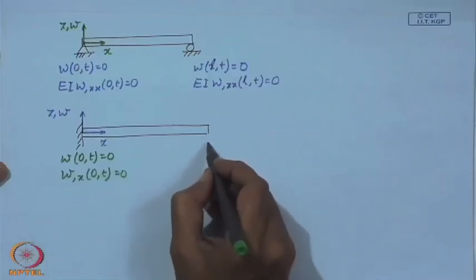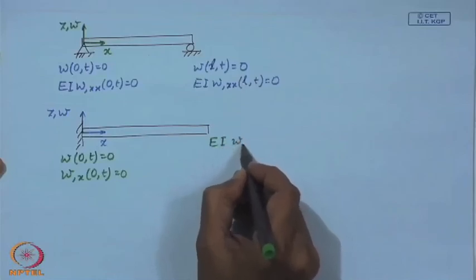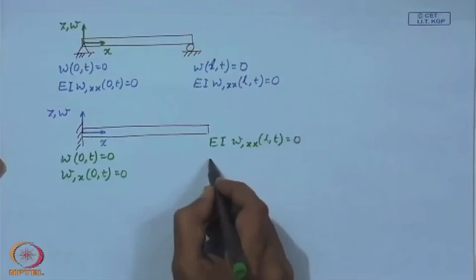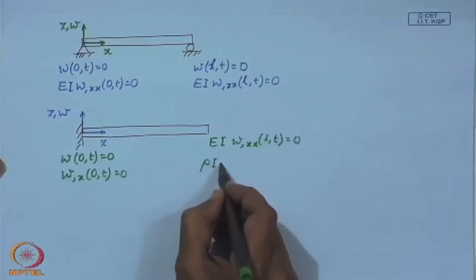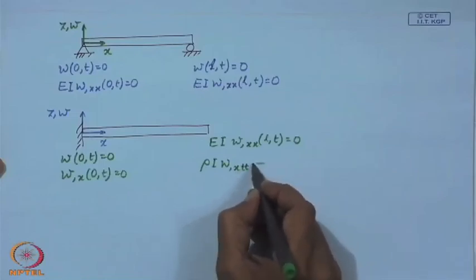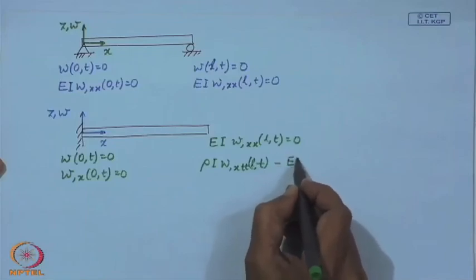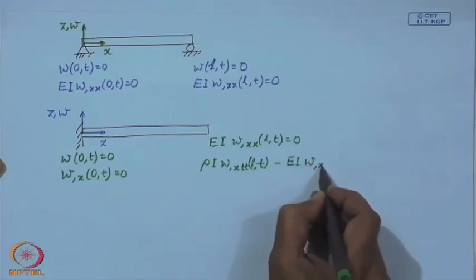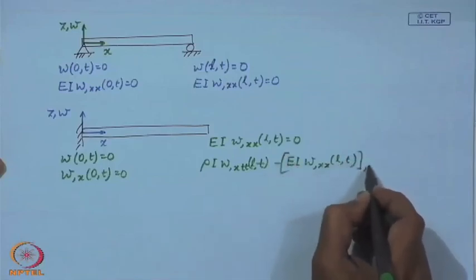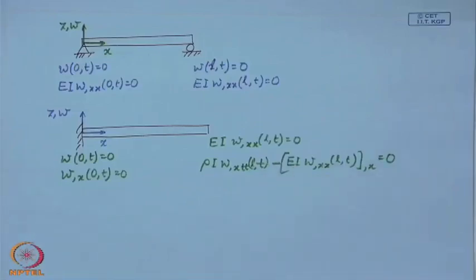Here we have the shear force and the bending moment to be 0.